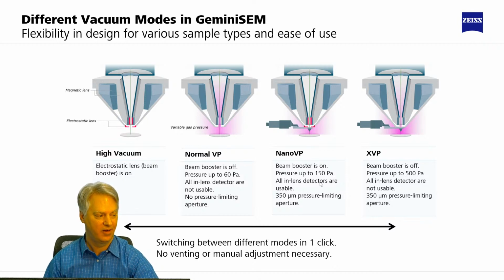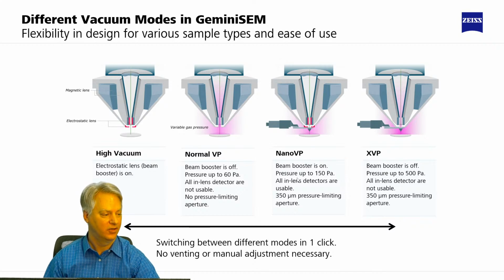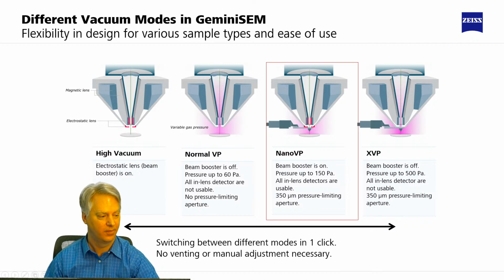That then allows you to go higher in gas pressure if you need to neutralize some of the charging that you would normally get on non-conductive samples in high vacuum mode. I'm not going to talk about it today, but there's XPP as well that is related to that. You can go quite a bit higher. And it's a one button click to go between those modes on our microscopes.